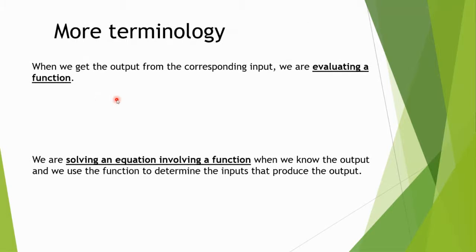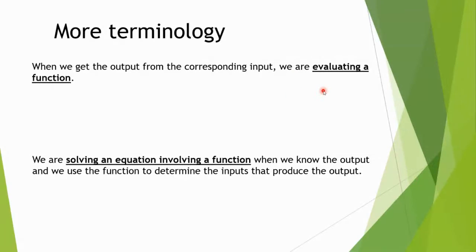Okay. And here's just some more terminology before we do more examples. If we do have input and we want to get the output, we are evaluating a function. So in other words, if we know what our input is, our x, and we want to get our output, our y value, we're evaluating a function.